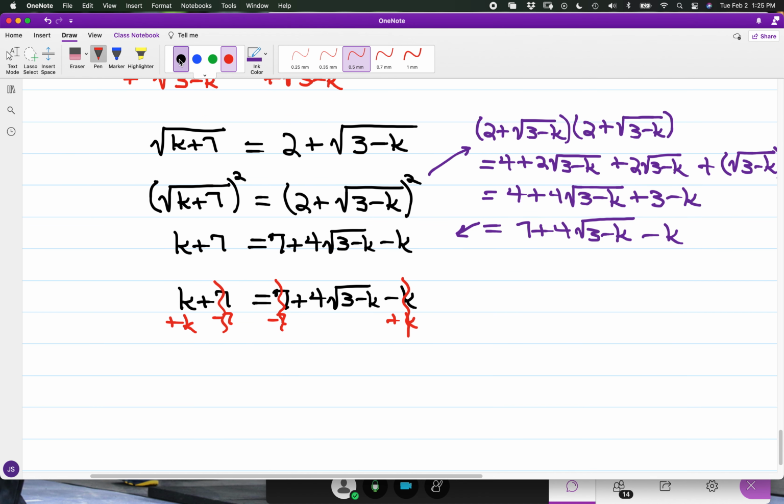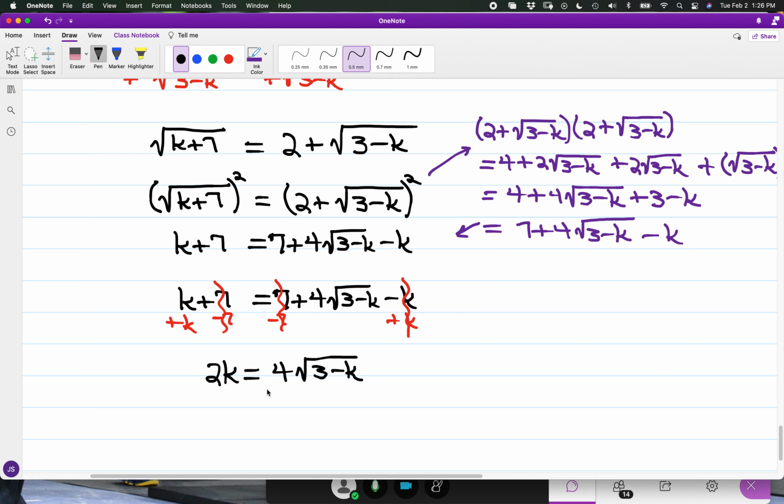So for what I have in the development, you have k plus k, which is going to become 2k. And we got 2k is equal to 4 times the square root of 3 minus k.